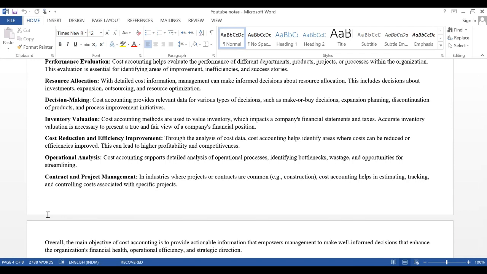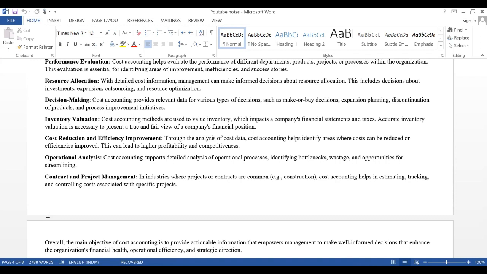Next is operational analysis. When you produce a product, cost accounting will help you see: is there any wastage of material, wastage of labor? Are there any opportunities to improve the efficiency?